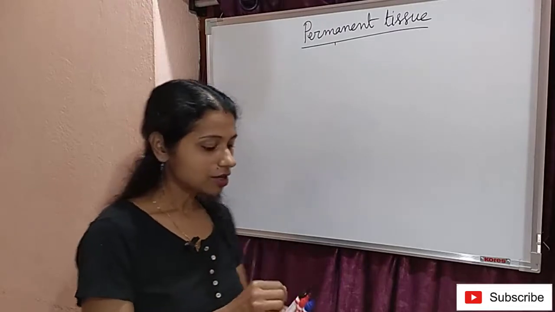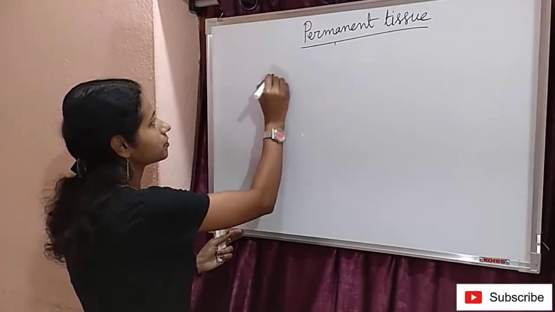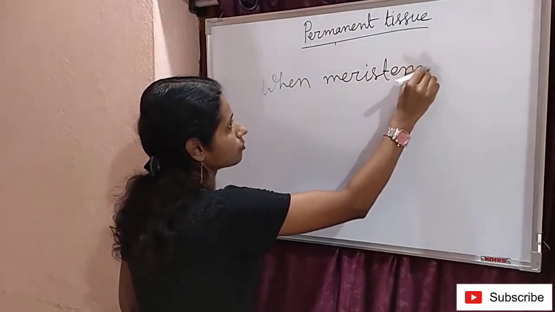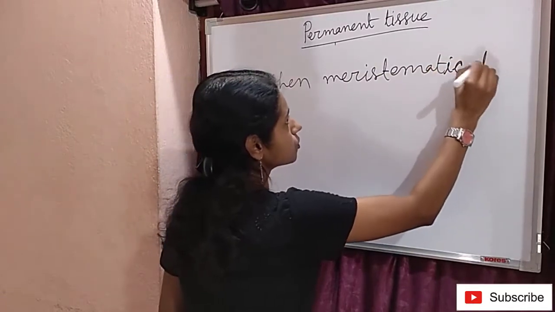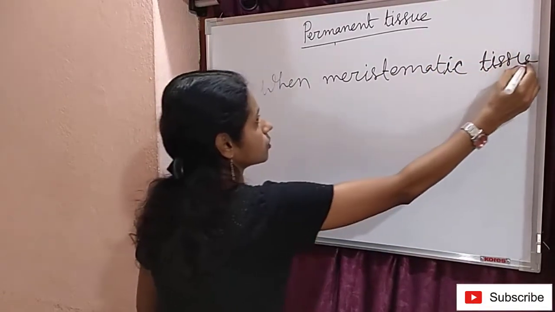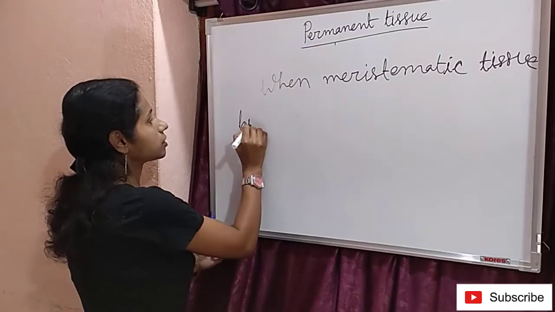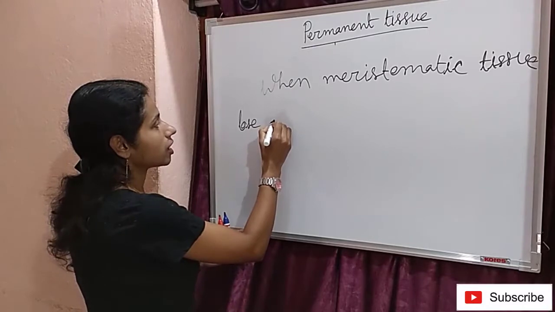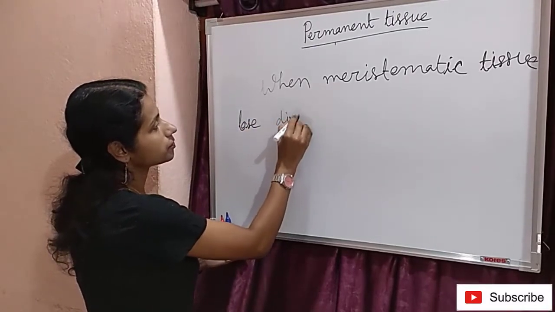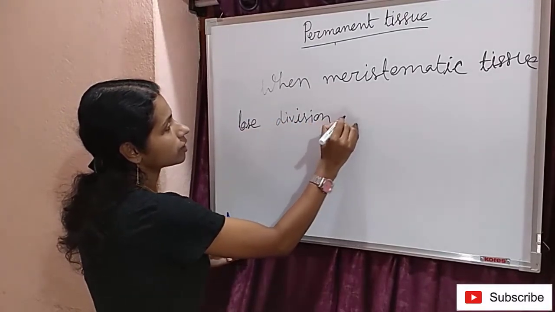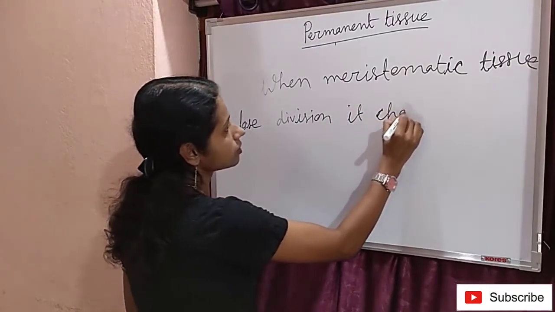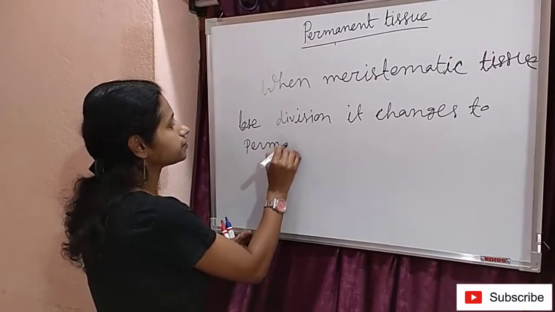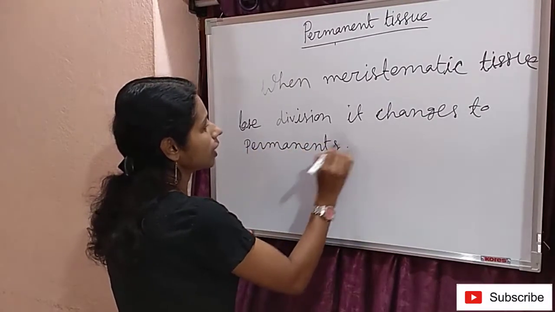So, what happens when meristematic tissue loses division? It changes to permanent tissue, which means it does not divide anymore.